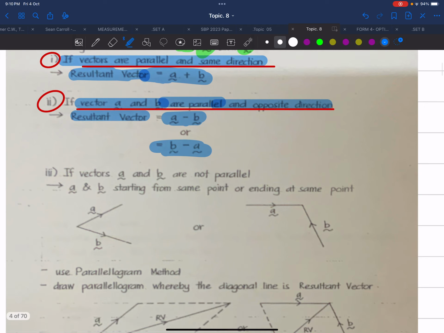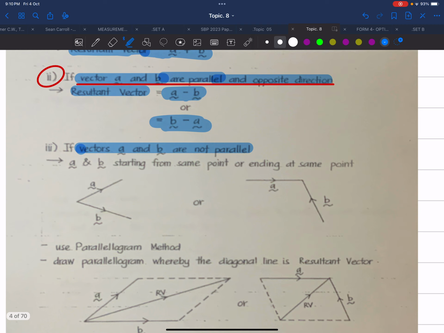If the vectors A and B are not parallel, for example, you see this vector A and this vector B. This is not parallel, but they are starting from the same point. Another one not parallel, here it is ending at the same point.